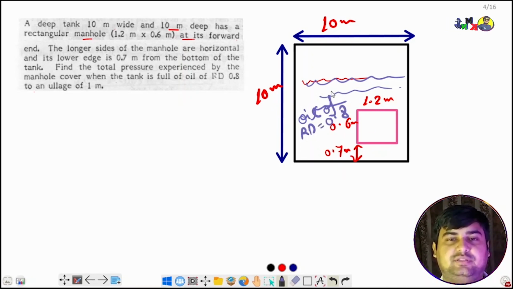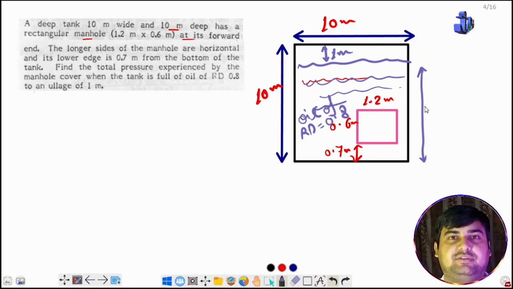So this is filled with oil of RD 0.8 and to an ullage of 1 meter. So this ullage is 1 meter. If this ullage is 1 meter, you can make out the height till which the liquid is filled is 9 meters. Okay.